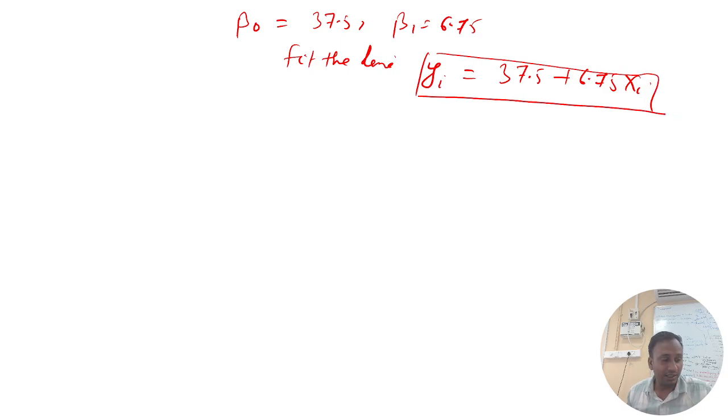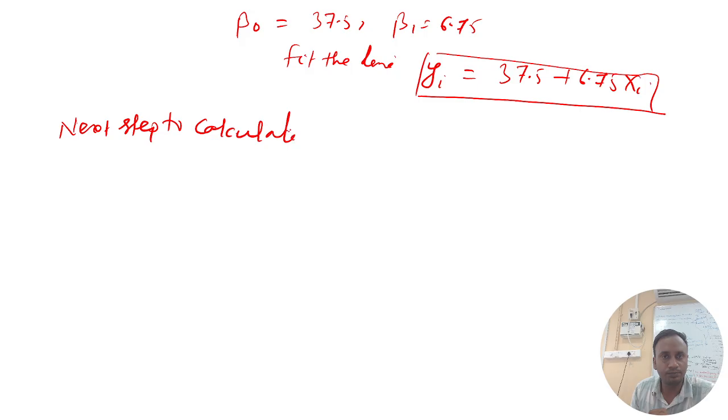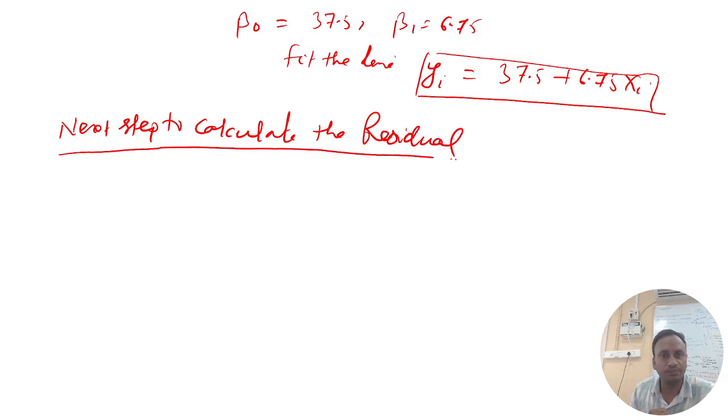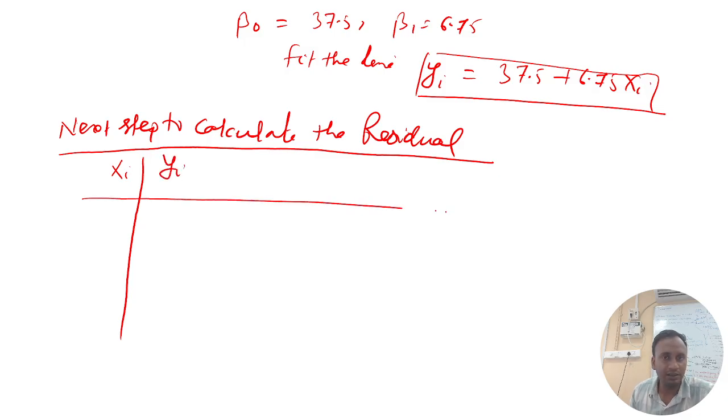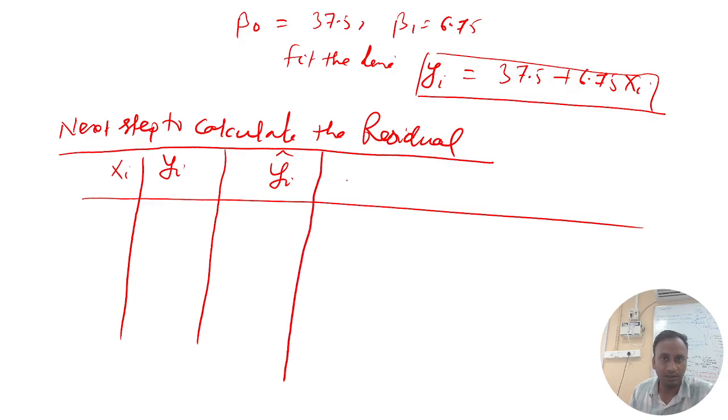So now what we have to do? Next step is to calculate the residual. So we have xi, then yi, then we can calculate yi cap, that is the prediction, then the residual ei, then ei square.